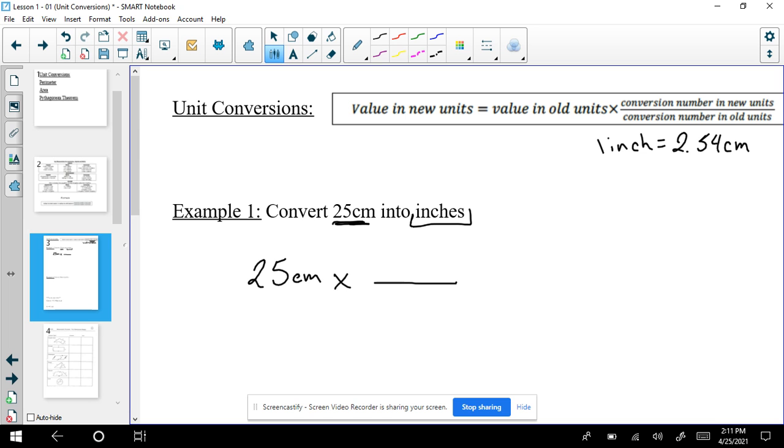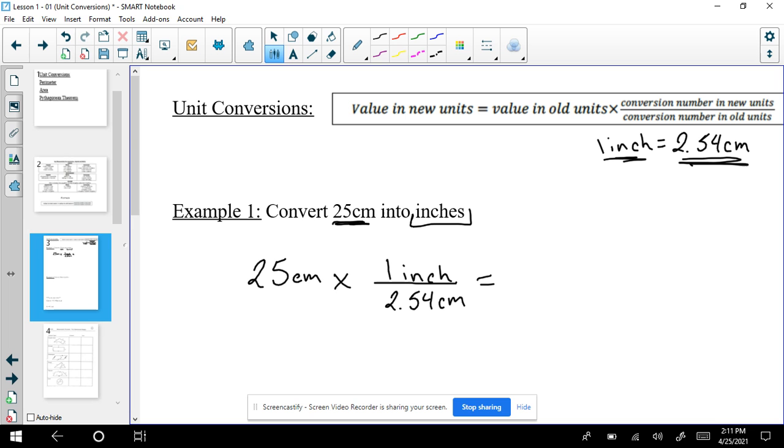So I know that my new units go on the top, right? So my new units is going to be my inches. So I'm going to put 1 inch on the top. And then my old units go on the bottom. So my old units is centimeters because that's what I want to get rid of, right? So I'm going to put 2.54 centimeters on the bottom and then put an equal sign.